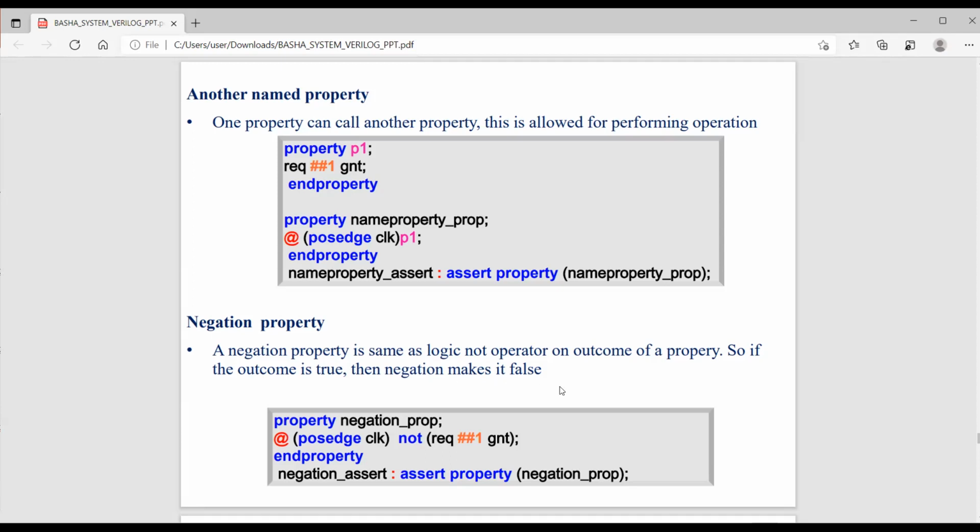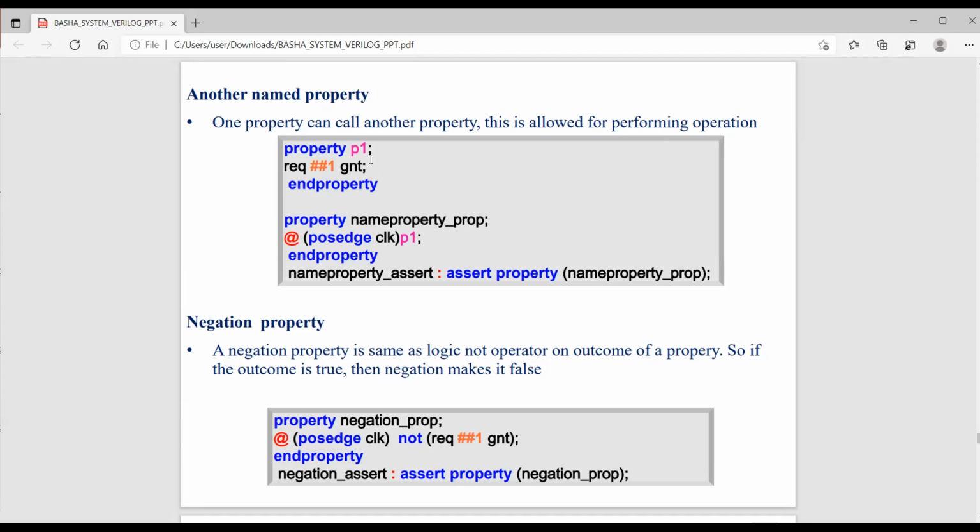Clear? The difference between negation and forbidding property is that in the forbidding property, you are calling a sequence and making that sequence false, whereas in the negation property, you directly make the condition false. That's the only difference between forbidding property and negation property.